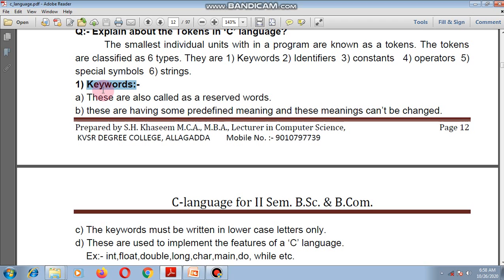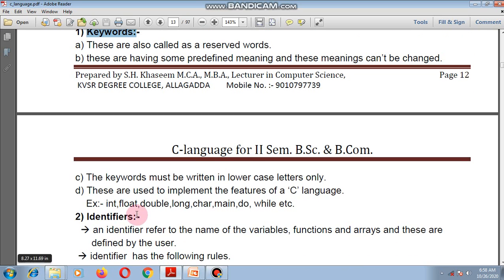Examples are int, float, double, long, char, main.